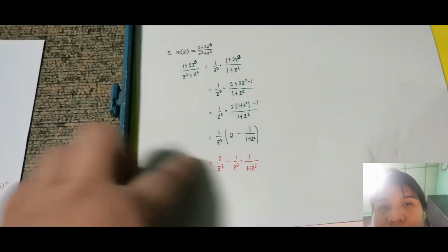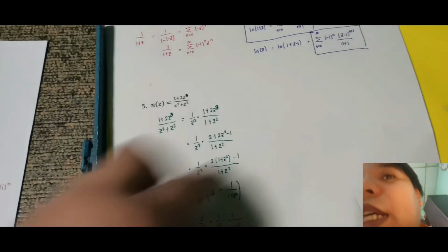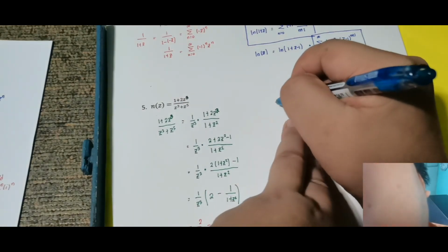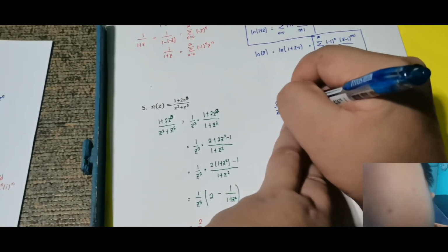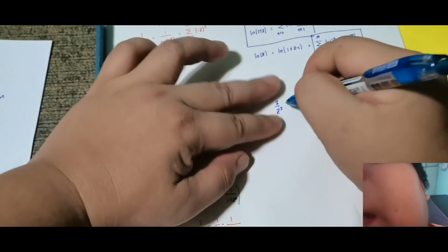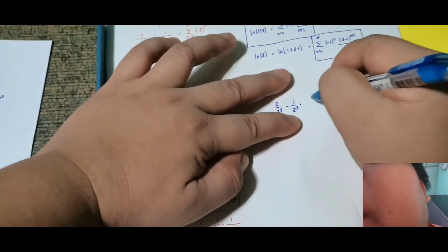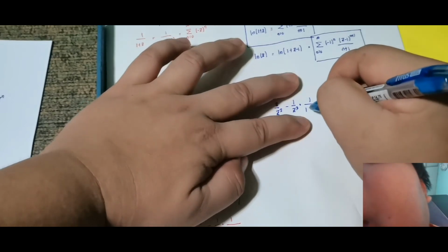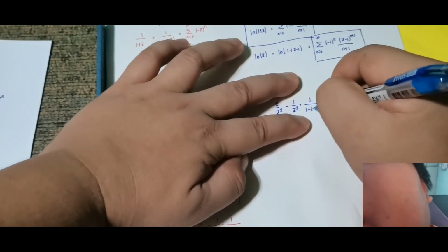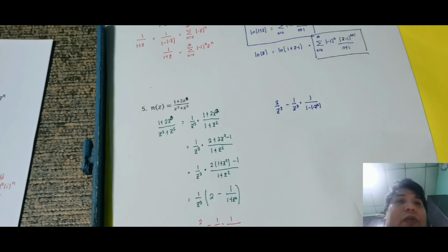Okay, so obviously dito, proceed na tayo dyan. That is 2 over z cube. Okay, minus 1 over z cube multiplied by 1 over 1 minus negative z squared. So, para mapunta lang sa form na kailangan natin.